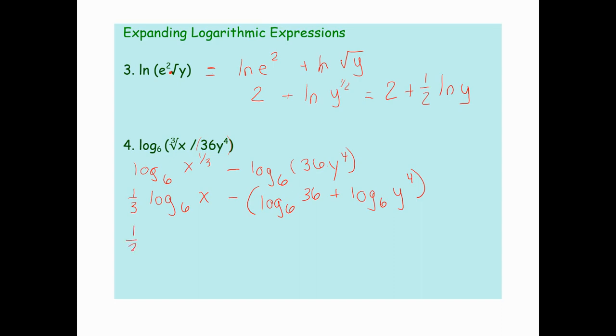So I write the beginning part, 1/3 log base 6 of x minus, 6 to what power is 36? 2, plus, now I'm going to bring this power down, 4 log base 6 of y. But now don't forget to distribute the negative. So my final answer is 1/3 log with base 6 of x minus 2 minus 4 log base 6 of y.